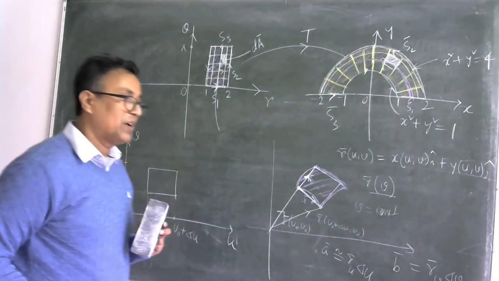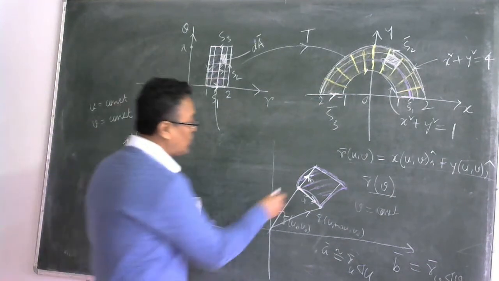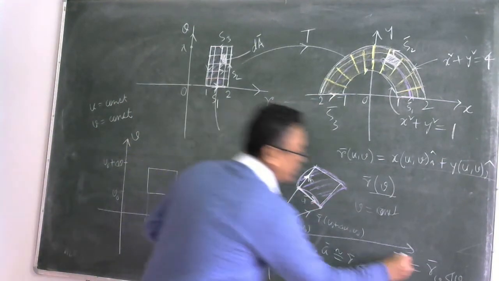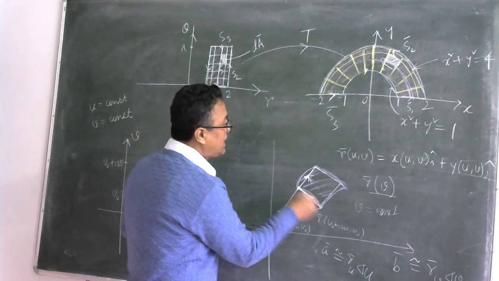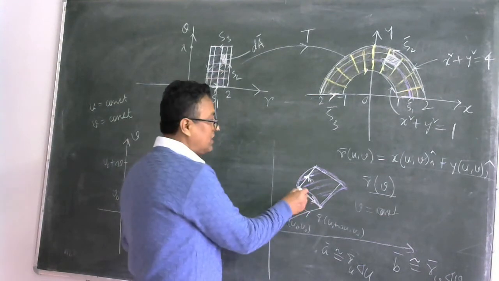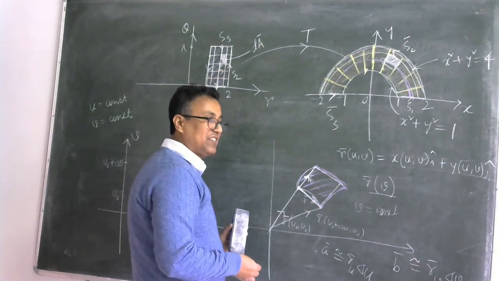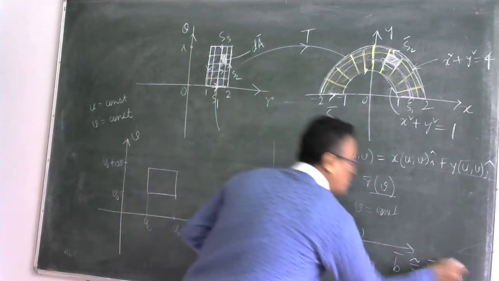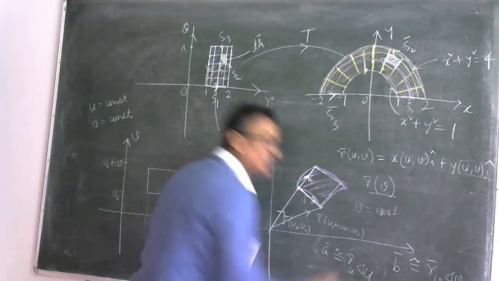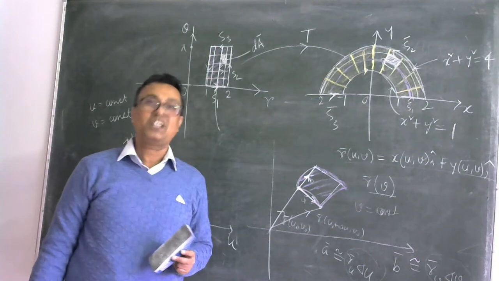Now remember, although A and B here are approximate, A and B are not along the direction of the tangent, but their approximations are two vectors along the direction of the tangent.